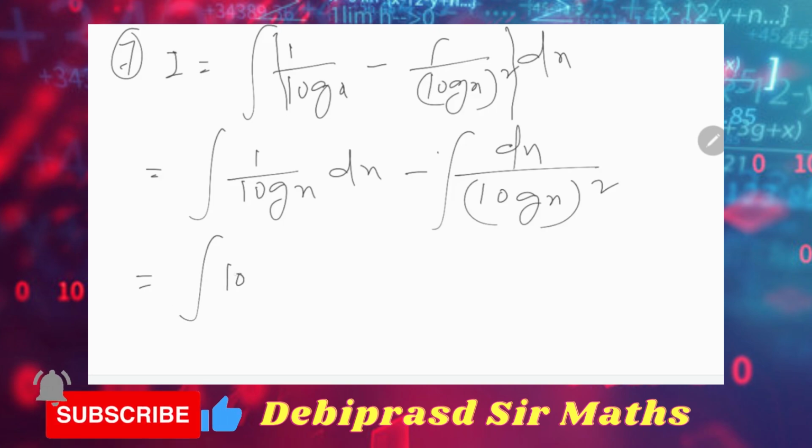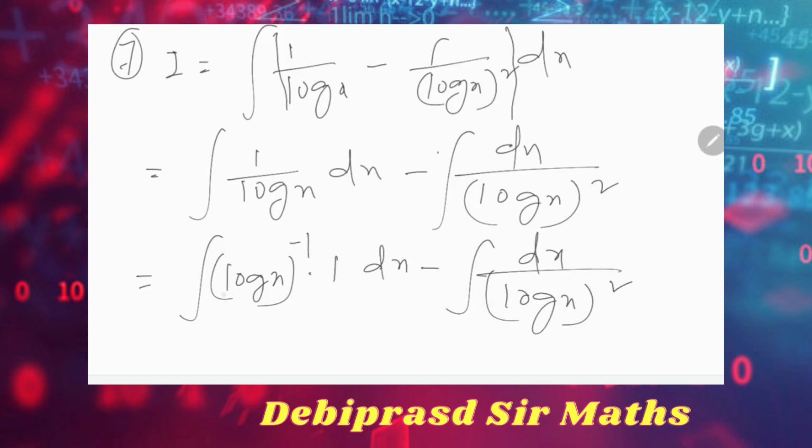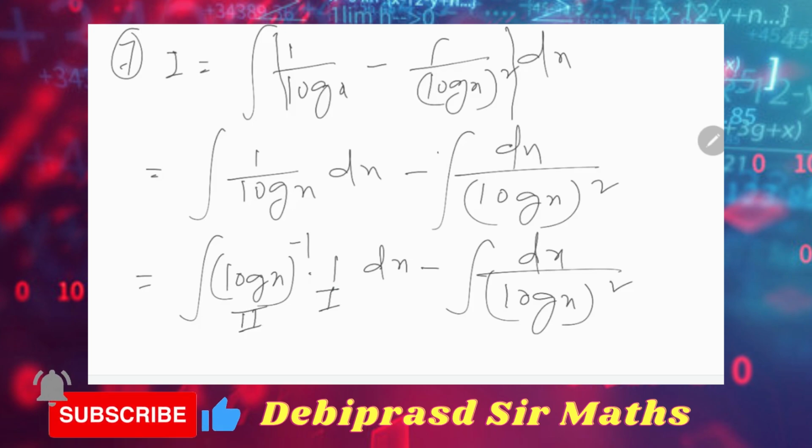That one I will write (log x) to the power minus 1 times 1 dx, minus dx by (log x) whole square. This is the first function and that is the second function. I will split according to that.